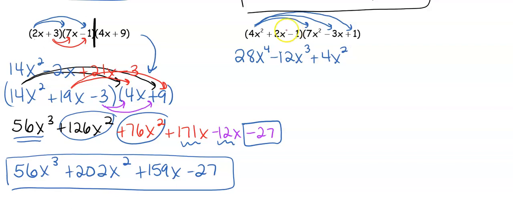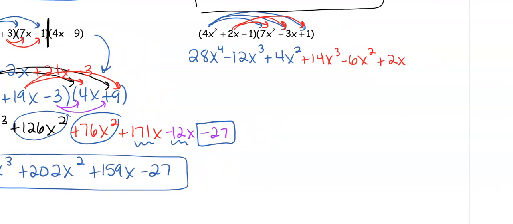Then I distribute the 2. That gives us 14x cubed minus 6x squared plus 2x. And then last, I distribute the negative 1. So that gives us a negative 7x squared, a positive 3x, and a negative 1.